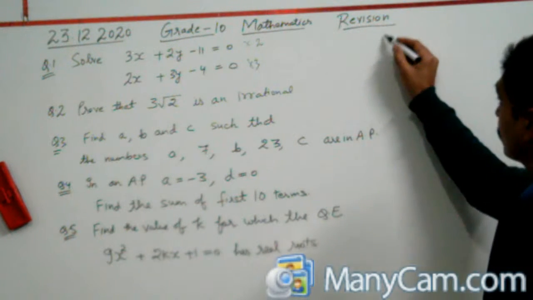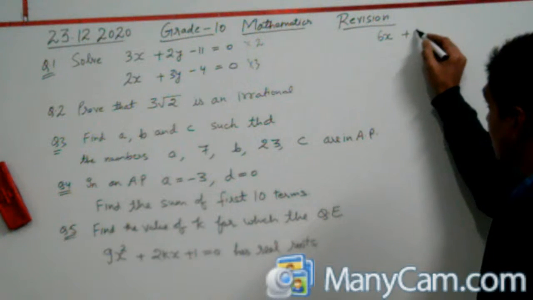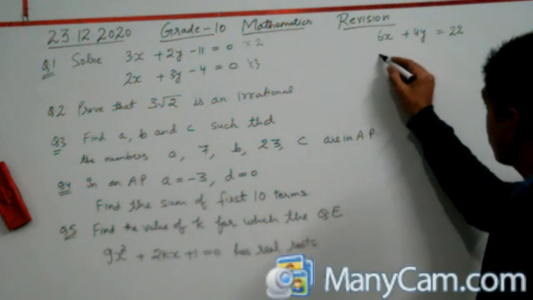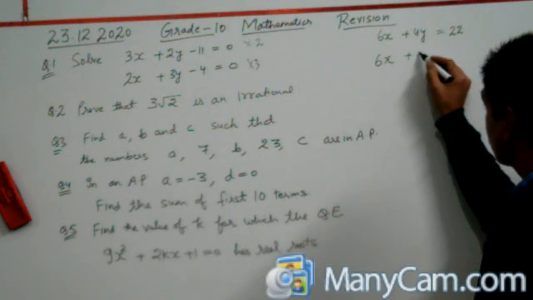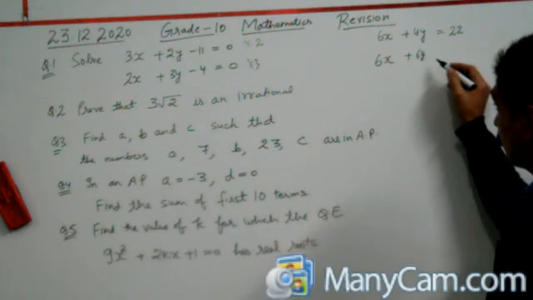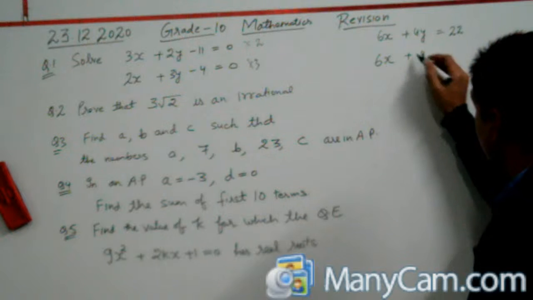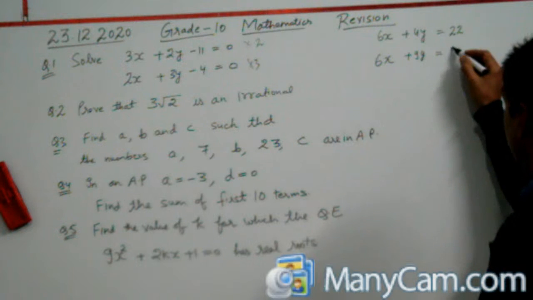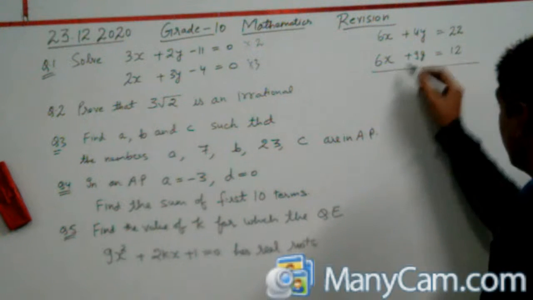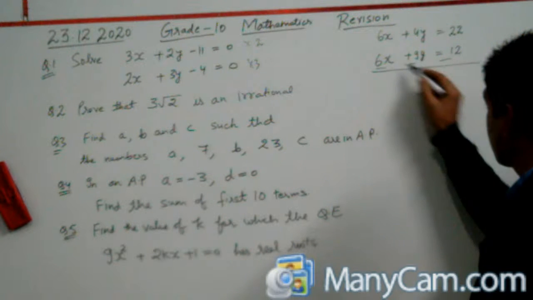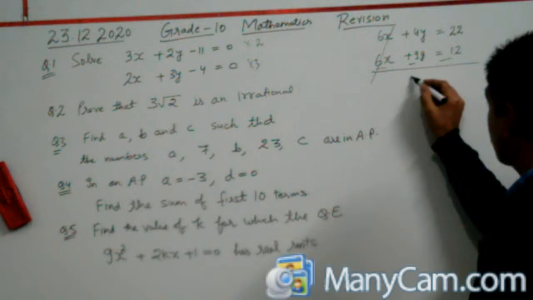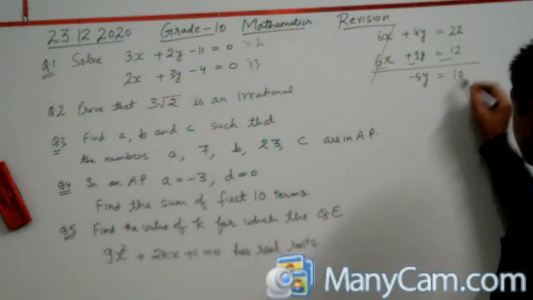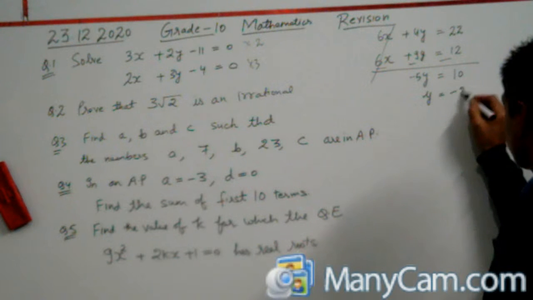What do we get? 6x plus 4y is equal to 22, and the second equation, 6x plus 9y is equal to 12. Subtracting, we have minus of 5y is equal to 10. So y is equal to minus of 2.